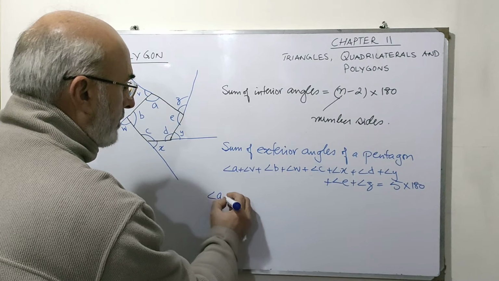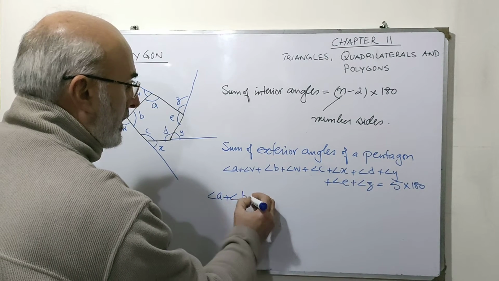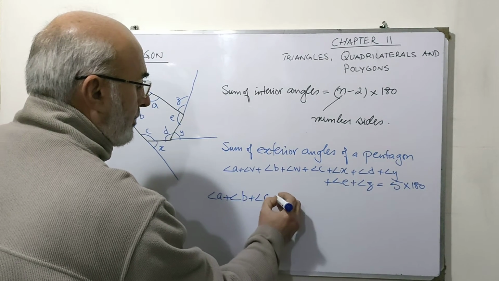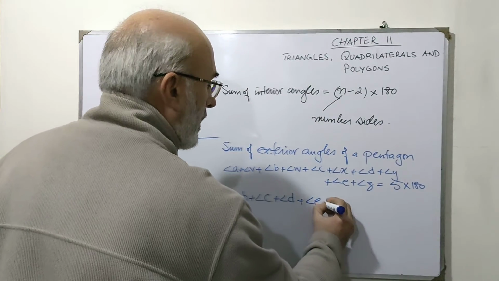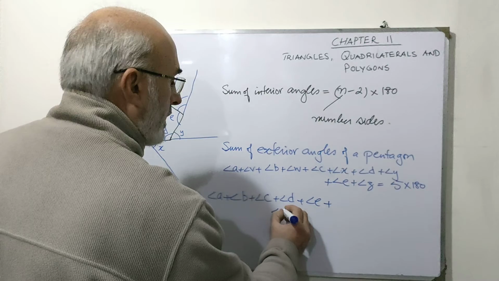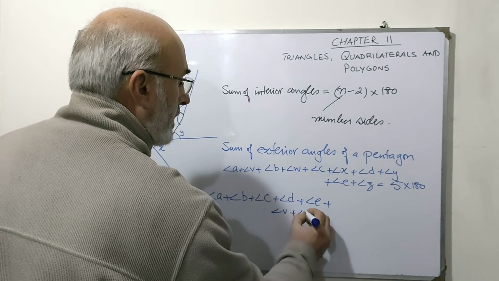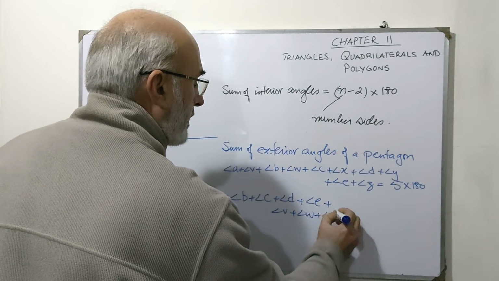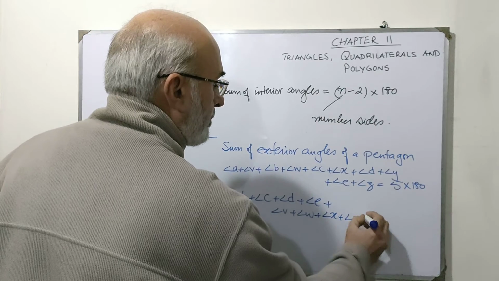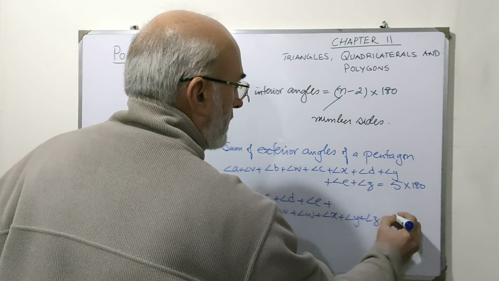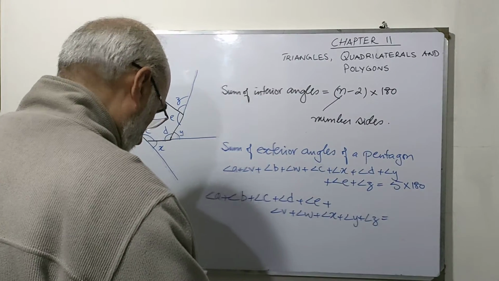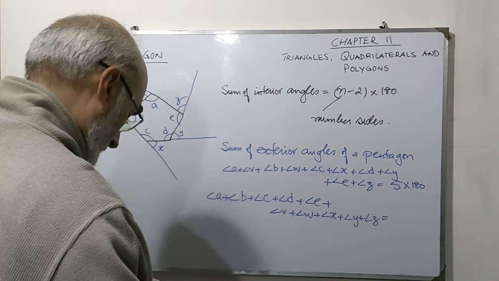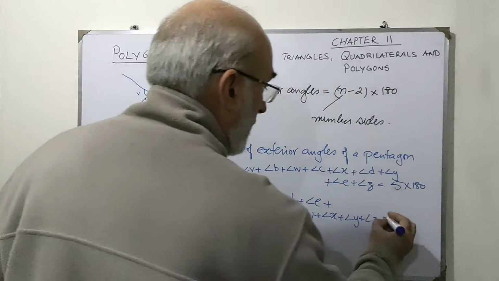So angle A plus angle B plus angle C plus angle D plus angle E, now plus angle V plus angle W plus angle X plus angle Y plus angle Z is equal to 900.